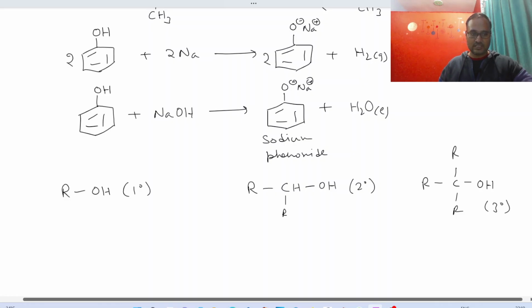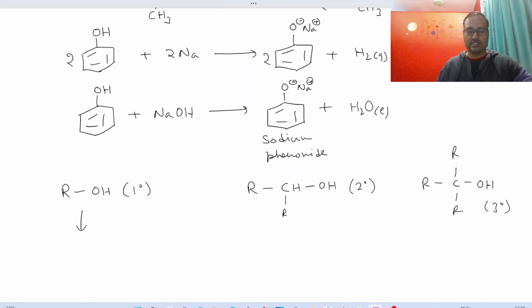So we can say that when these react with the metal, hydrogen will be evolved. They act as a Bronsted acid. Bronsted acids are those acids which give you H plus ion.